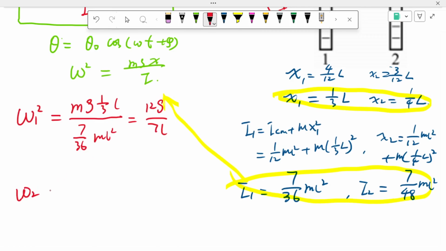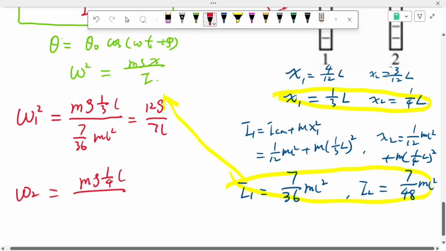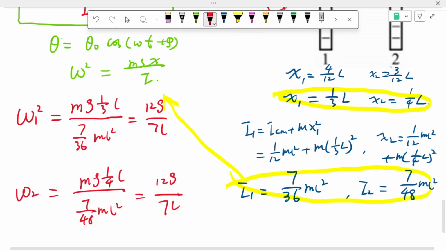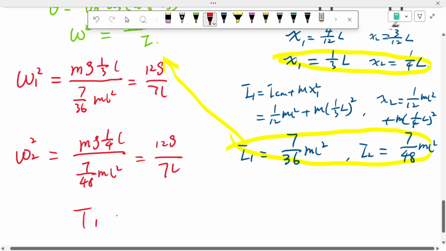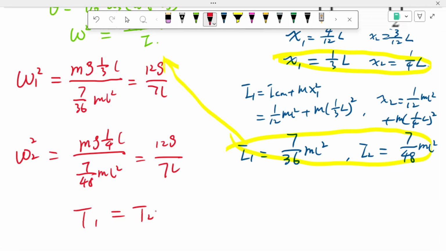But for omega 2, what do we have? mg x2, which is 1 over 4 L, and 7 over 48 ml squared. So what do we have? We have the same answer. Which means that omega 1 equals omega 2. So that means T1 equals T2. So we got the answer.